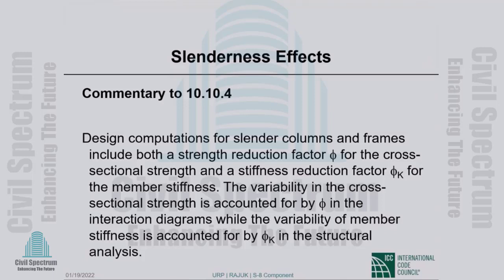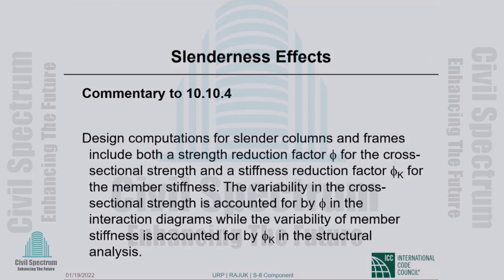Design computations for slender columns and frames include both a strength reduction factor phi for the cross-sectional strength and a stiffness reduction factor phi sub k for the member stiffness. The variability in the cross-sectional strength is accounted for by phi in the interaction diagrams.